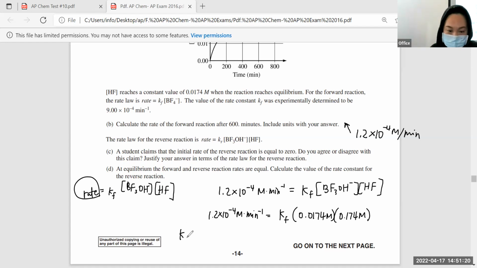Right, so KF equals 1.2 times 10 to the negative 4 over 0.174 molar squared.